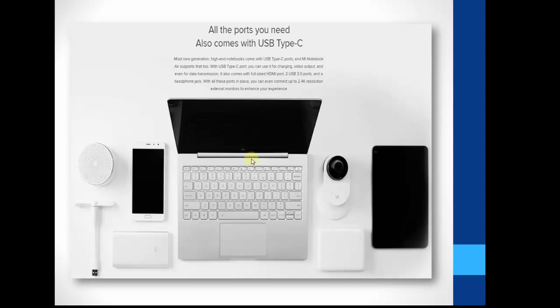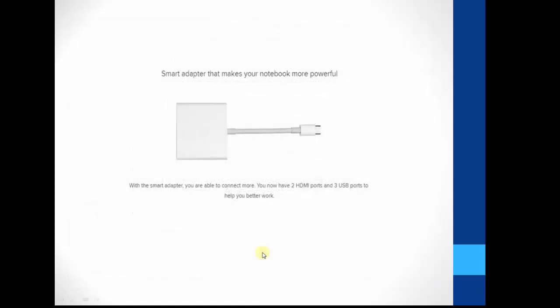This model also introduces the USB Type-C port, which nowadays mobiles, HDDs and other devices use, so they can connect directly to the laptop. See the representation of these images; it is possible to connect directly to this notebook.